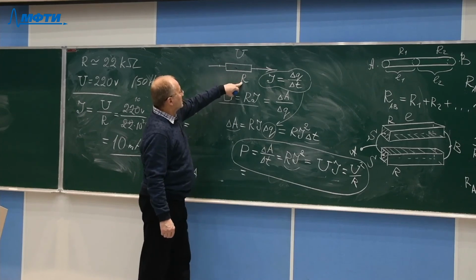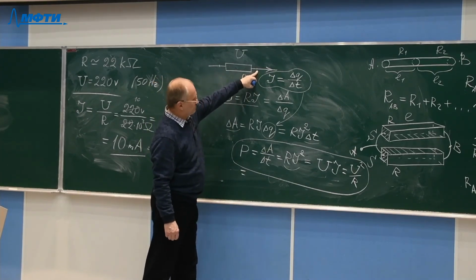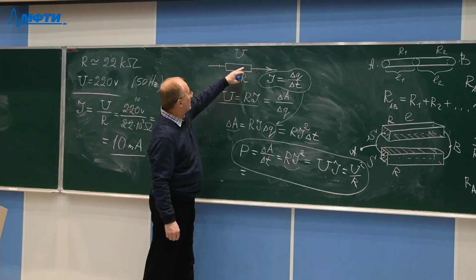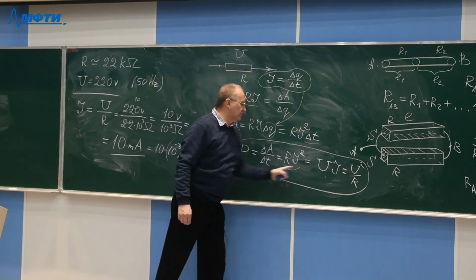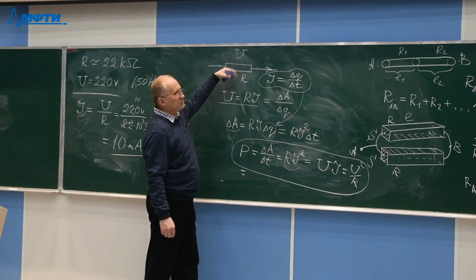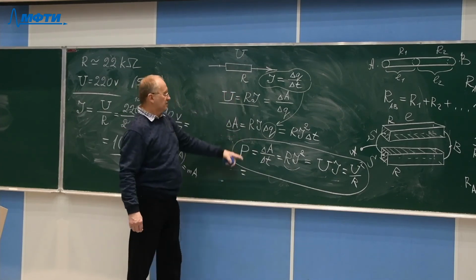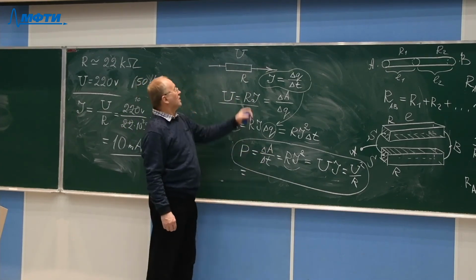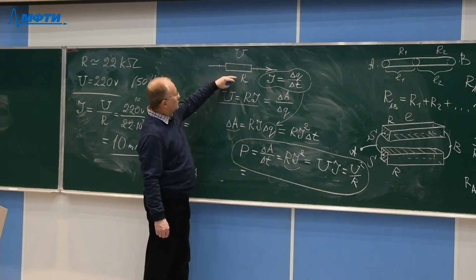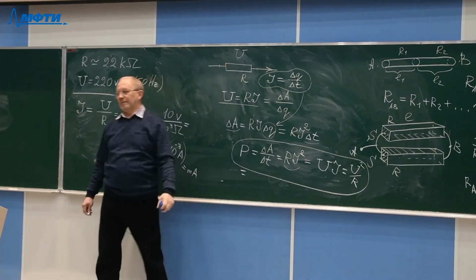So all these are very good formulas to calculate the electric power released on a resistor. If we know the resistance and the magnitude of electric current, then we can easily calculate using these formulas the electric power which is released here, and this electric power is usually turned into heat power. This energy goes to increase the temperature of this resistor.